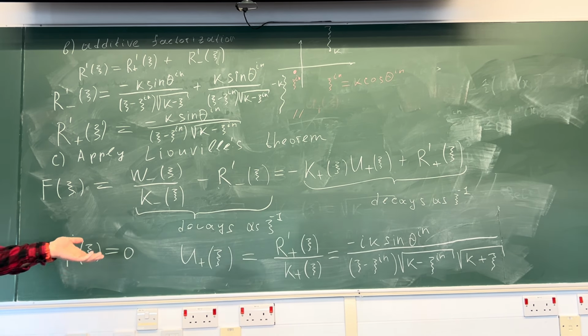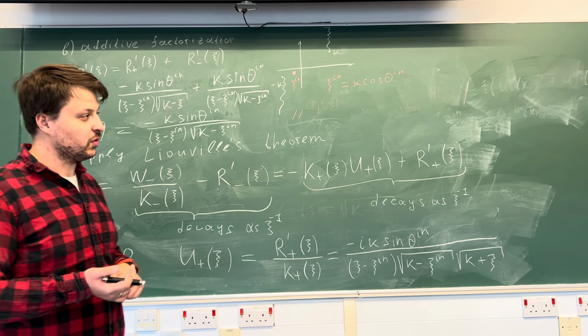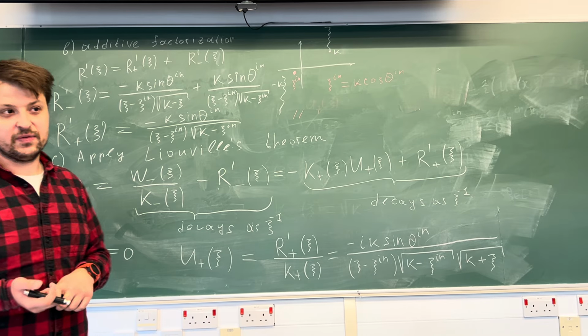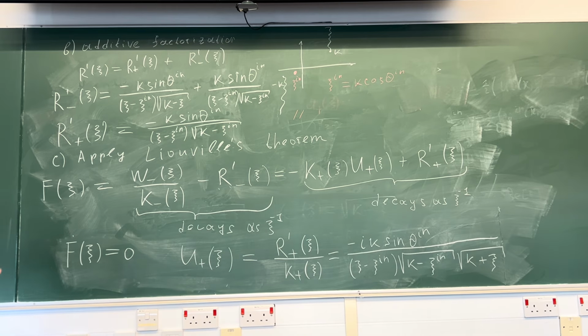So what do we have? We know the field and its normal derivative on the half plane. Then we can use Green's reconstruction formula and recover the field everywhere.